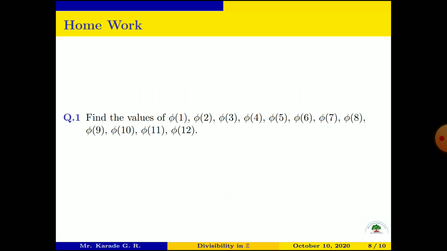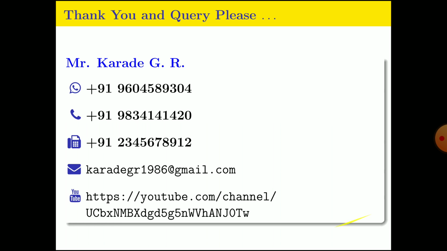Find the value of Euler phi function: phi of 1, phi of 2, phi of 3, phi of 4, phi of 5, phi of 6, phi of 7, phi of 8, phi of 9, phi of 10, phi of 11, phi of 12. So in your notebook, try to find out all these values.